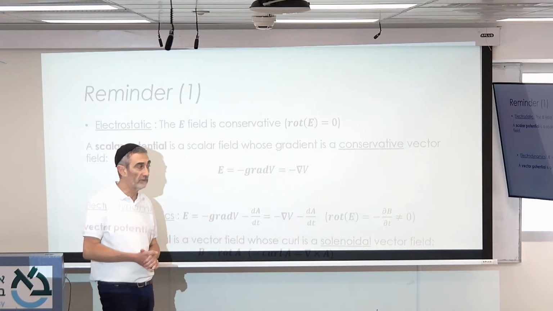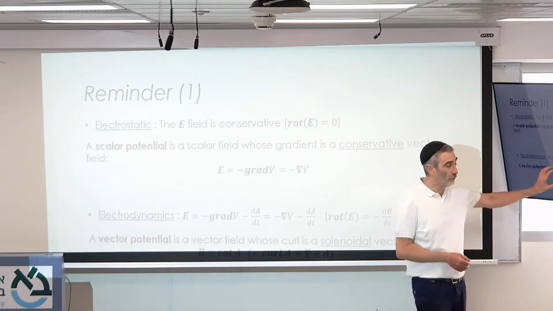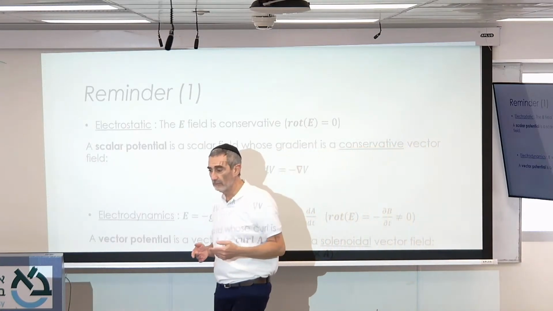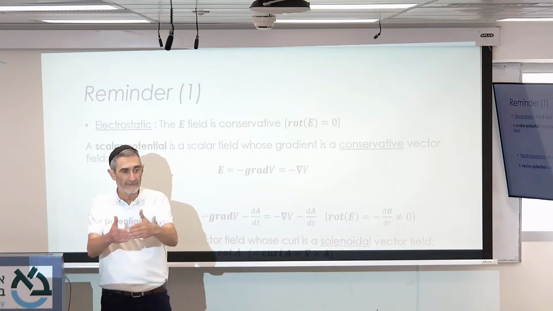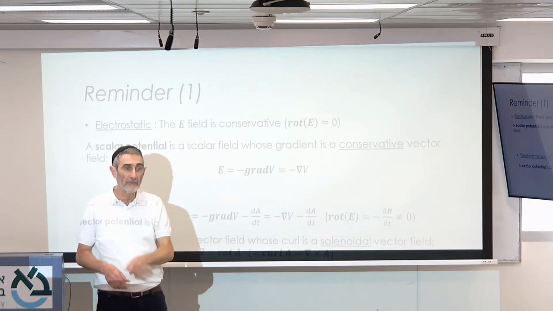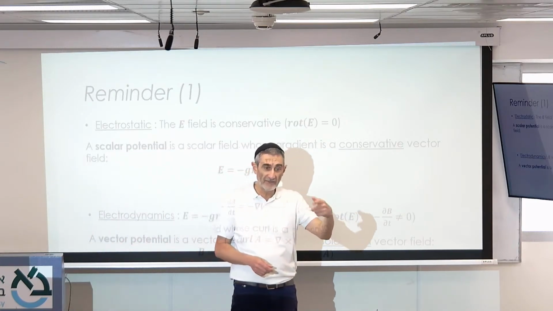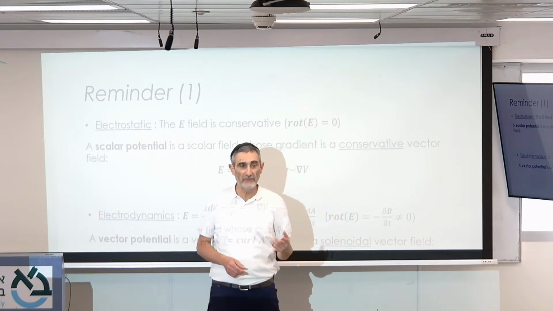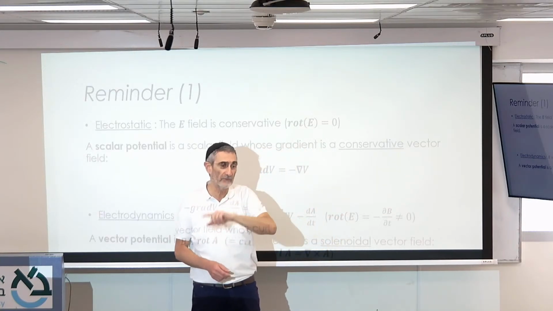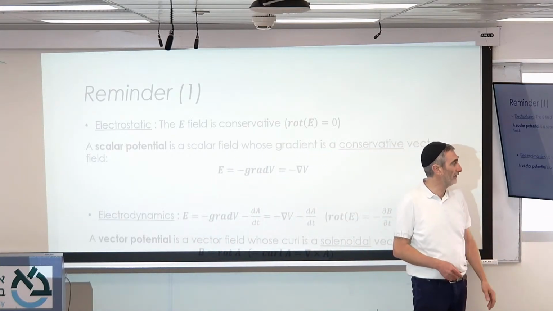This is specific to B: the magnetic field never ends at a point, it's always closed lines that go in cycles. A solenoid creates a B field which is parallel inside and goes around and back inside. That's the idea of the solenoidal vector field.